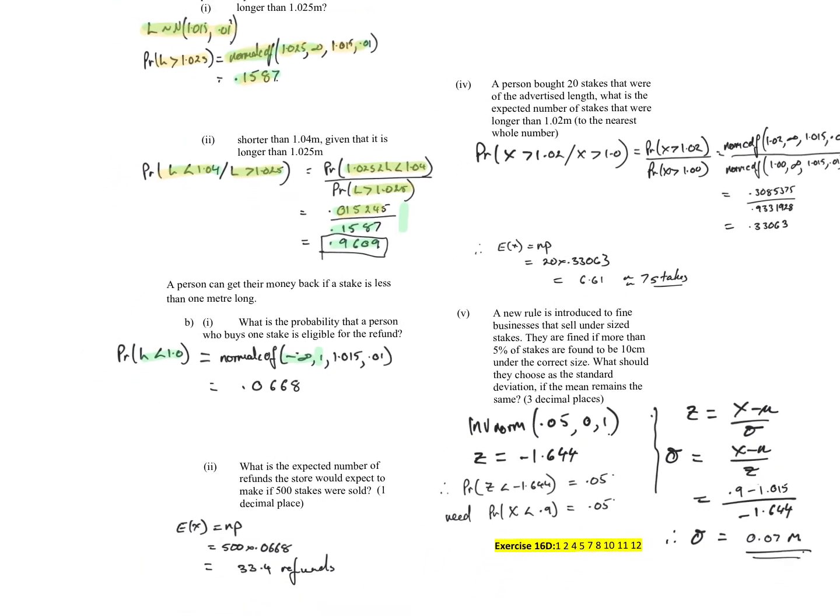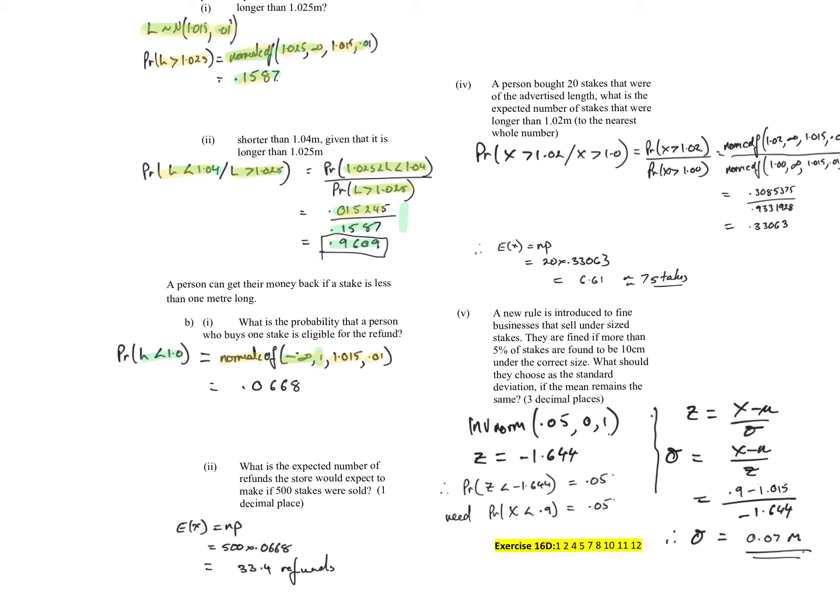You can get your money back if a stake is less than 1 metre long. What's the probability that a person who buys one stake is eligible for a refund? So what's the probability of a stake being less than a metre? Normal CDF from minus infinity to 1, mean 1.015, standard deviation 0.01, gives me 0.0668.